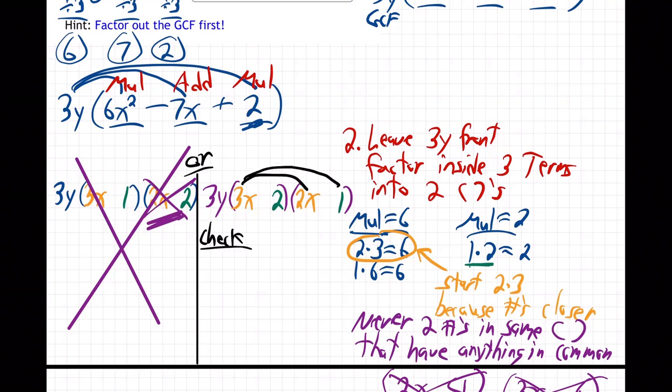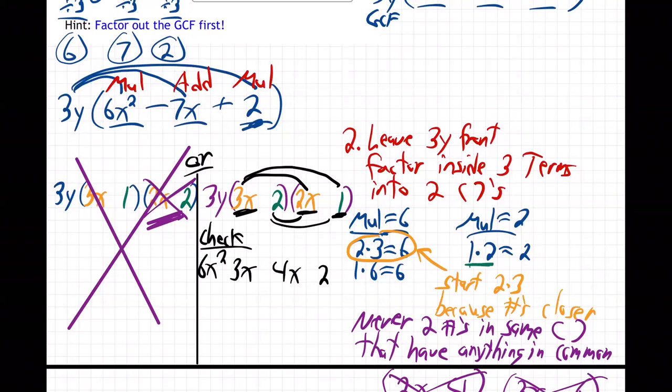So you know how to check, right? First to both, second to both. 6x squared, 3x. That 3x went to both those. 6x squared and 3x. And now the 2 is going to go to both. 4x and 2. Let's space that out a little bit more. 4x and 2. All right. So is it right? How do we know?